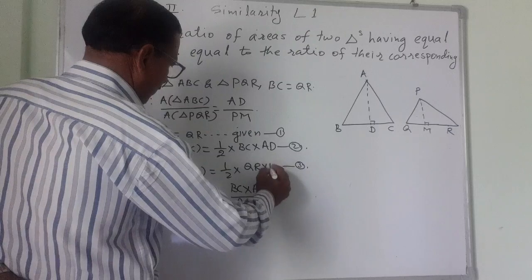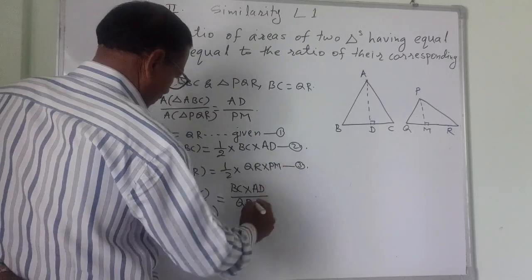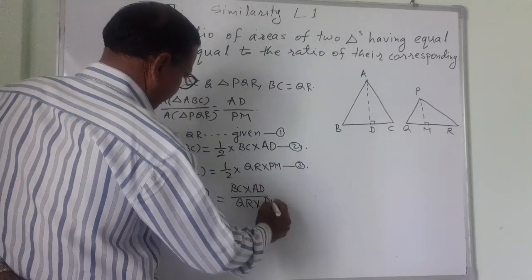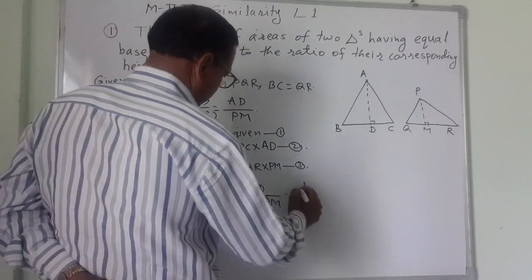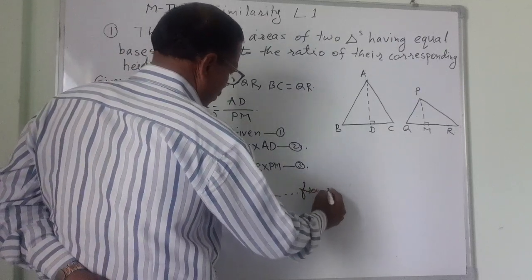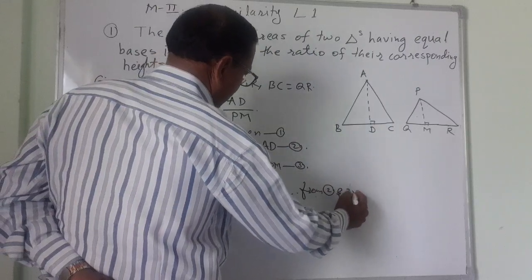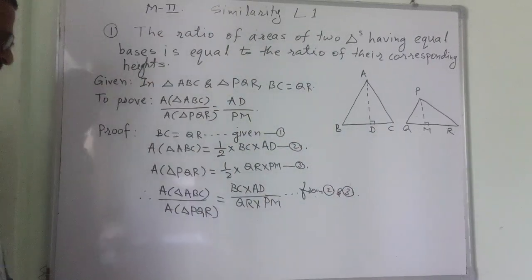QR into PM. From 2 and 3, that means I have divided.